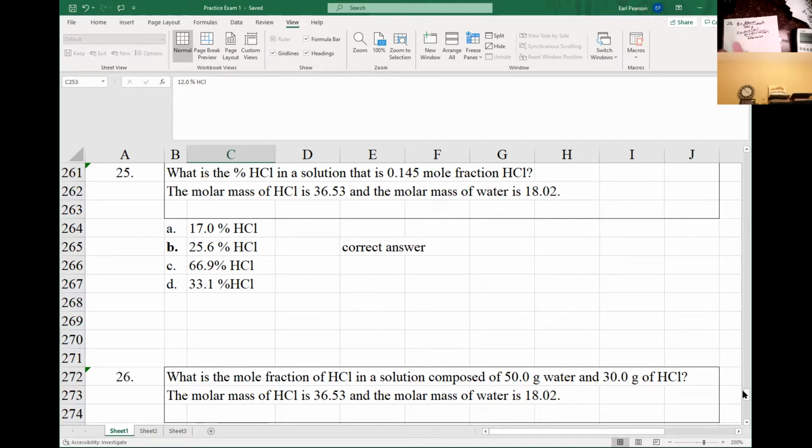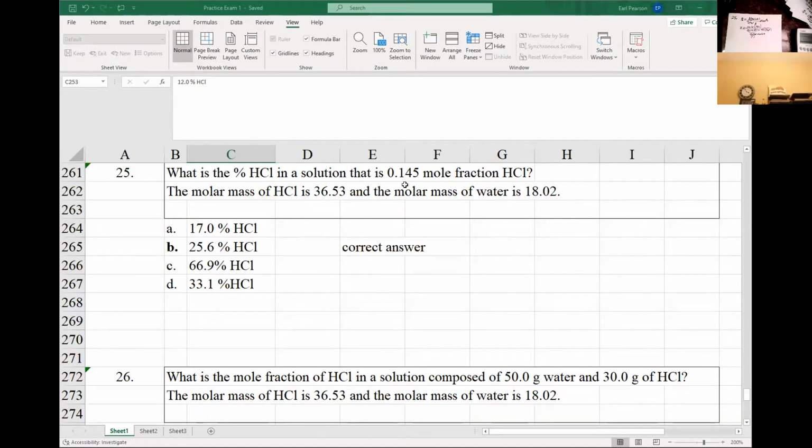Again, what did we want to divide by always if we could? We want to divide by 1, right? So I'm going to assume there's 1 total mole. The mole fraction is 0.145.